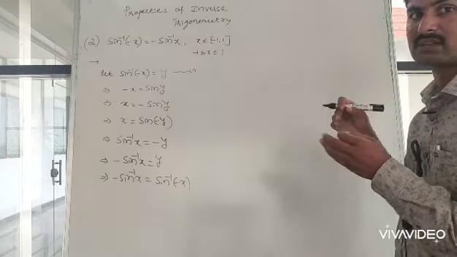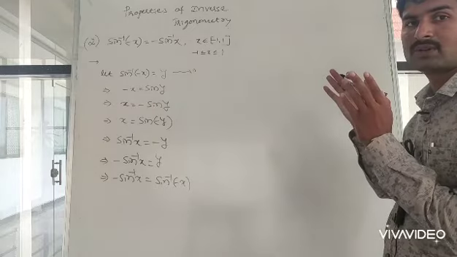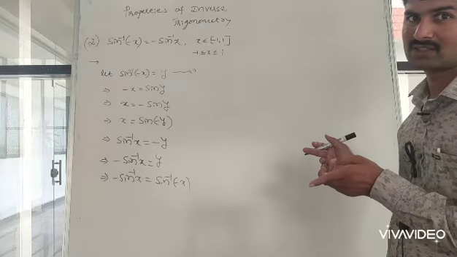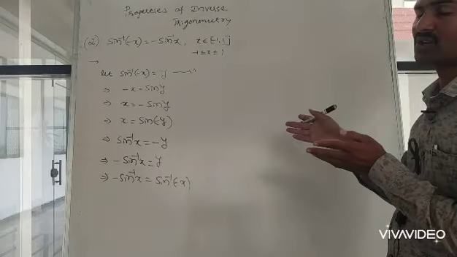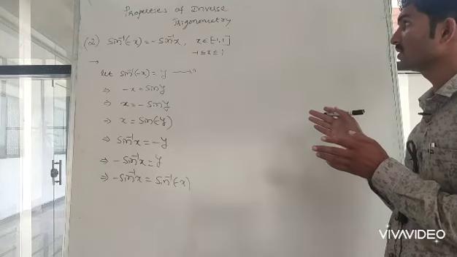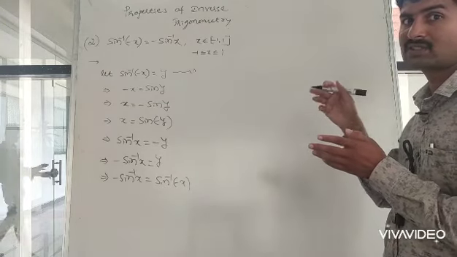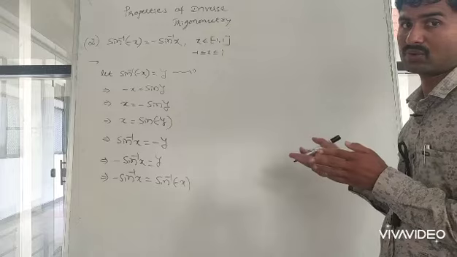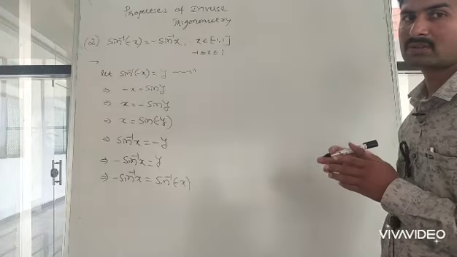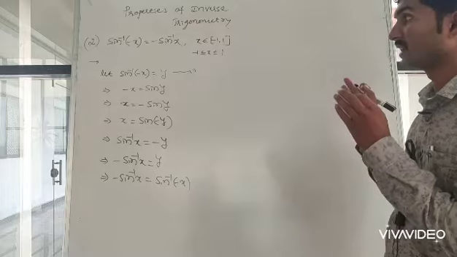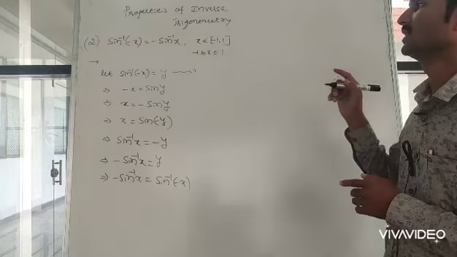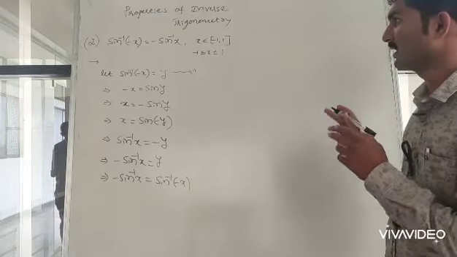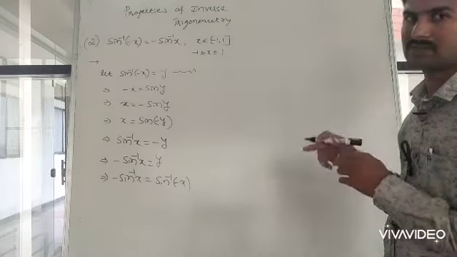The inverse will exist if the given function f of x is both one-one and onto. So in trigonometry, for the existence of an inverse function, first of all we should make f both one-one and onto. But that is not possible for all real numbers. That's why we restrict the domain. Then only the function will become both one-one and onto, so the inverse will exist.